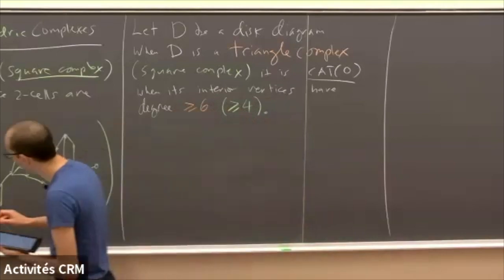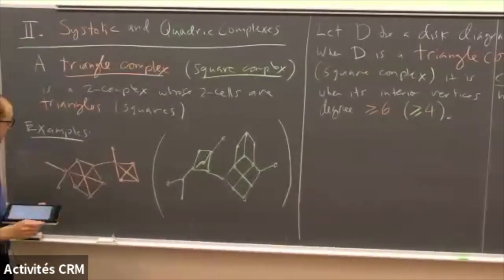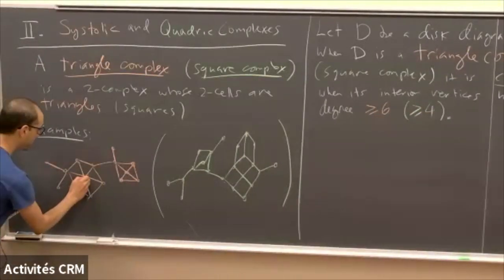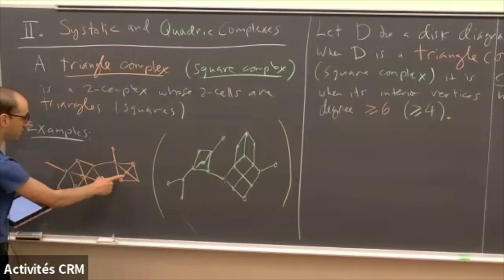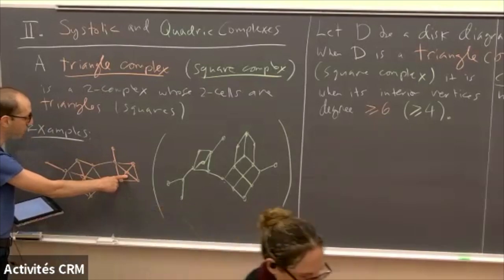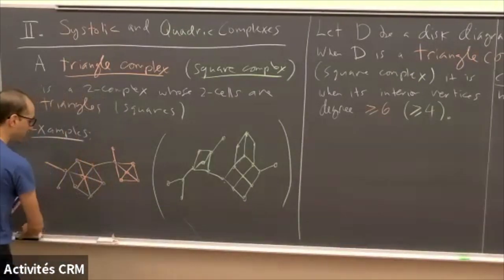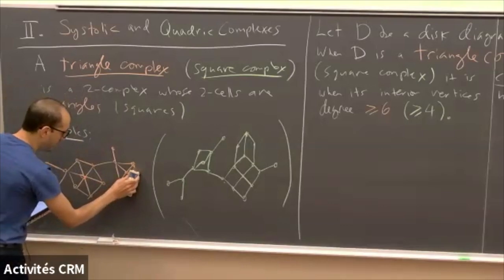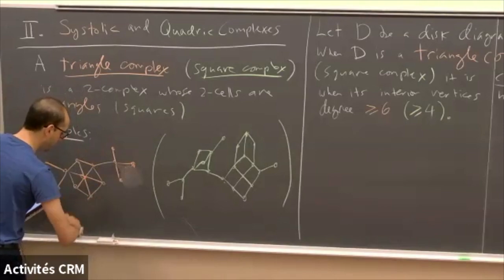So these complexes that I drew before are actually also disk diagrams. So we see that neither of them is CAT(0). For example, here we have an interior vertex of degree 4. But if we didn't have that, let's say, here's a better way to do it.